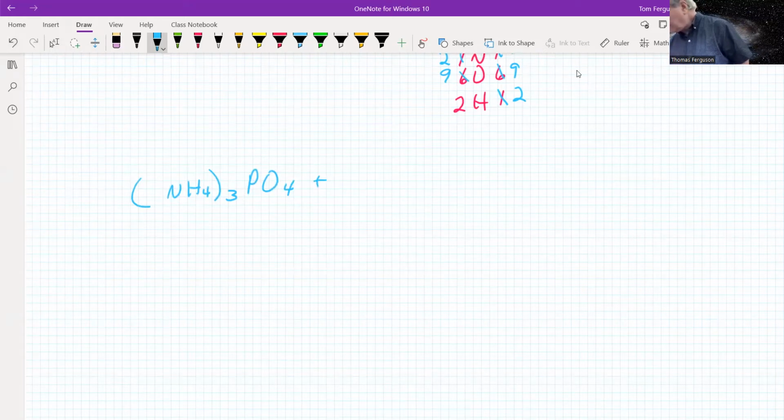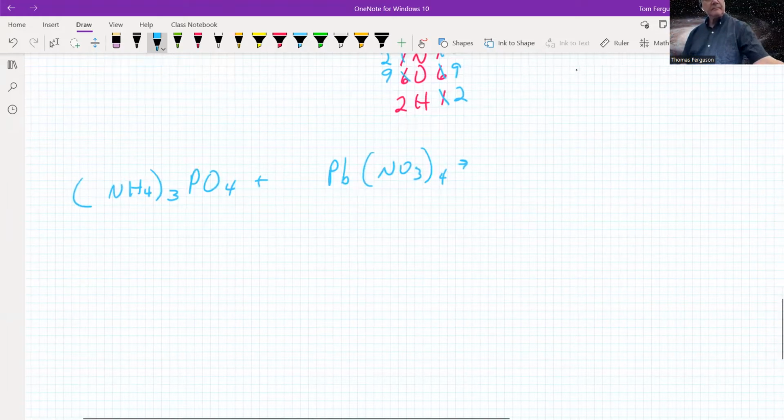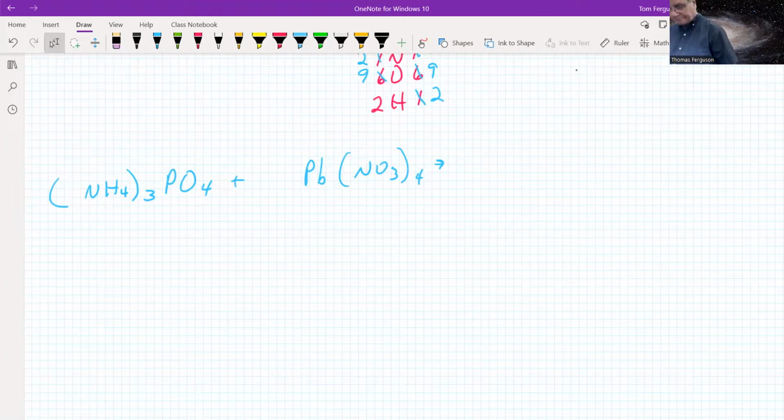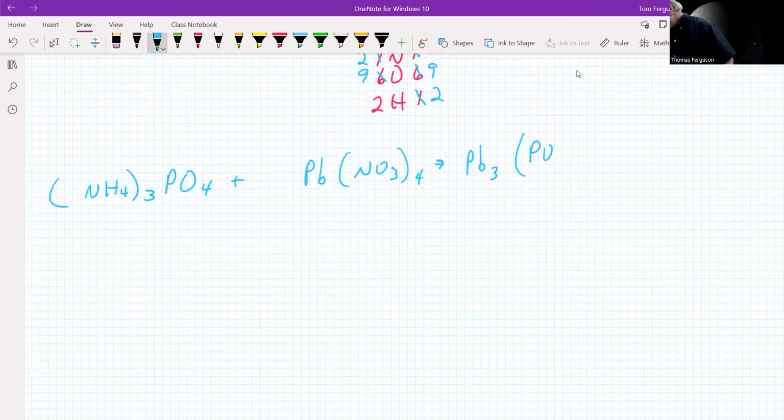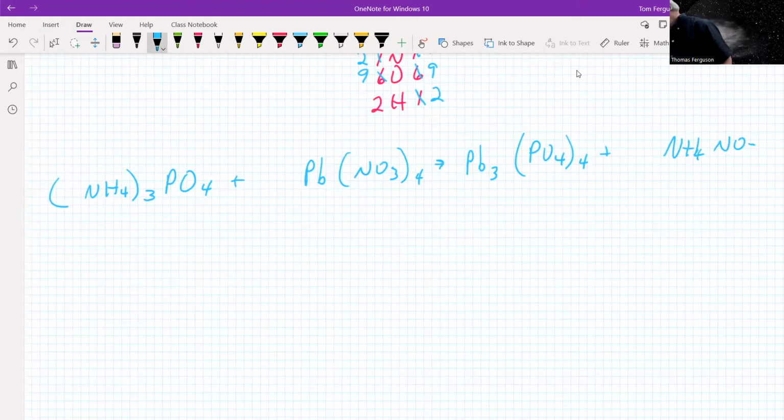This is the hardest one on the worksheet. Okay, this is definitely a challenging one.